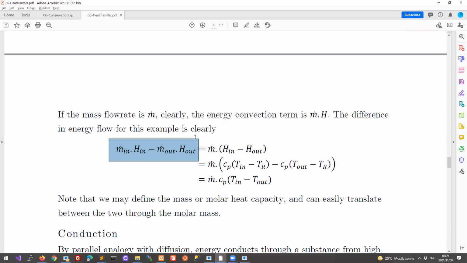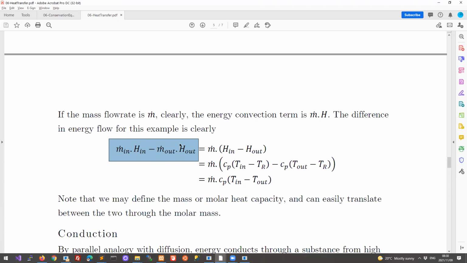So if we consider some control volume, then we'll have some energy flowing into the space. So again, if enthalpy is the energy content per mass, and if we have mass per time, right, the flow rate of mass, then the flow rate of mass times the enthalpy, that must be the flow rate of energy, right? So that's the flow of energy into our space. And then the flow of energy out of the space is a similar thing.